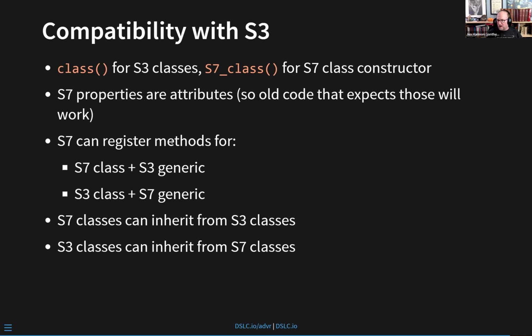S7 properties are attributes. So if you have code that is looking for attributes, they're still there. And that has an asterisk on it, which means that people can just change those attributes. And if you're changing them via the attr function, S7 doesn't know that it needs to be validated.